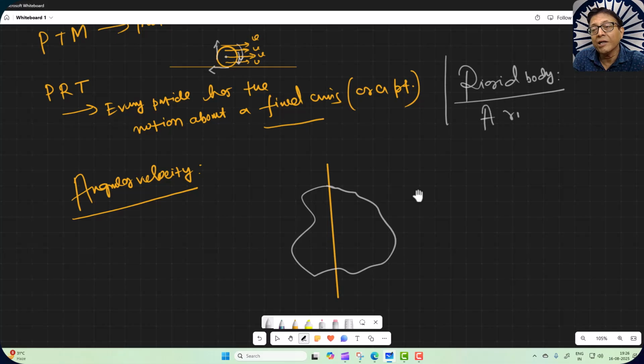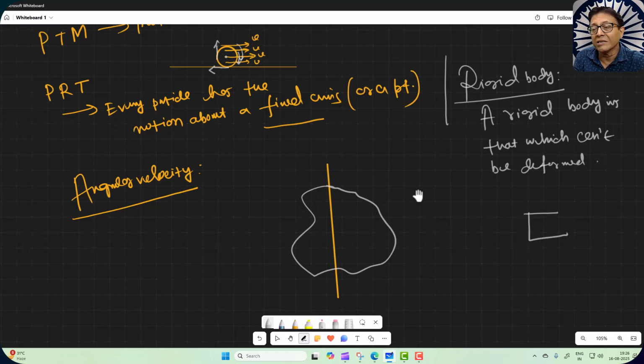A rigid body is that which can't be deformed. What does it mean? Suppose there is a rigid body like this. There are 2 points on it, A and B. There is a fixed distance between them.